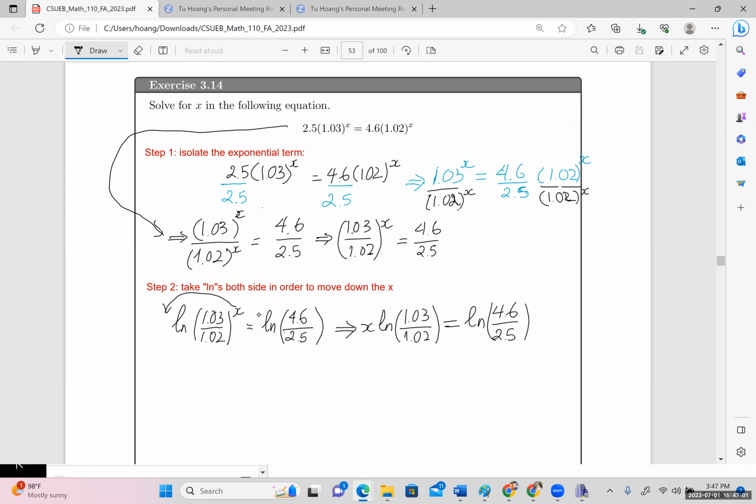And now you can just divide both sides. It's going to be x equal to natural log of 4.6 over 2.5, everything over natural log of 1.03 divided by 1.02.